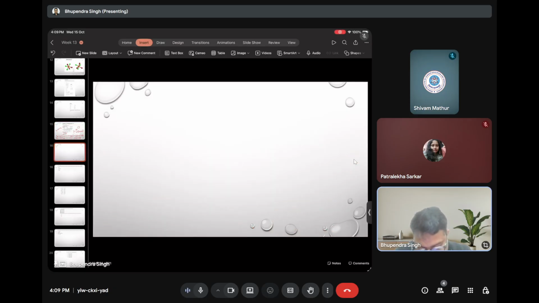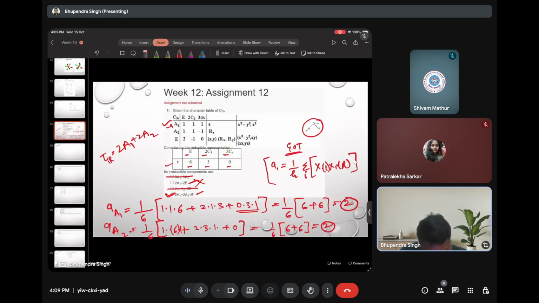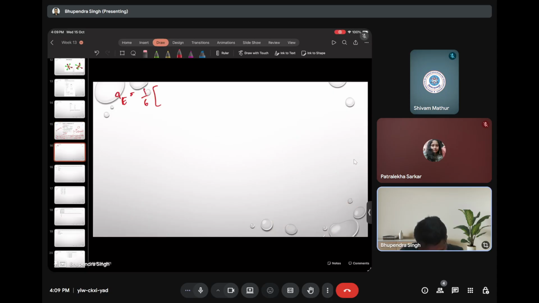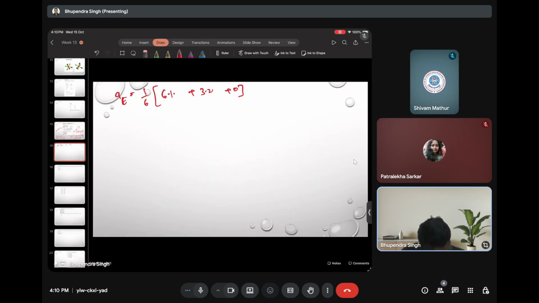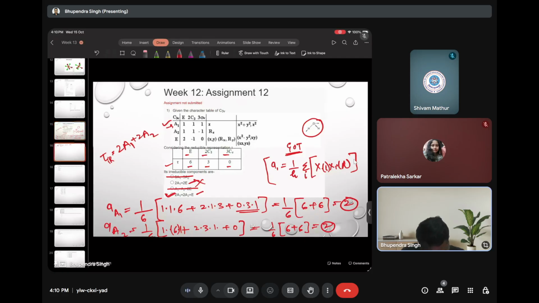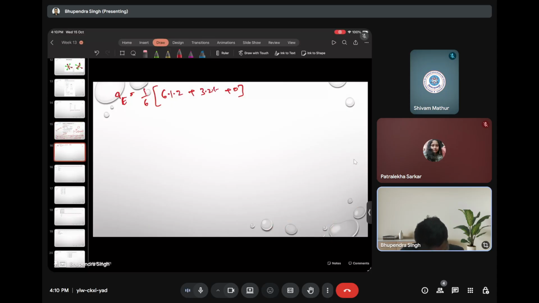Okay, if you want, you can also solve for E. So 6 3 0, 6 3 0, 1 2 3 1 2, this is 0, and for A2, 2 minus 1 0, 2 minus 1, this is already 0, it will be 1 by 6, 12 minus 6, 6 by 6, which is 1.